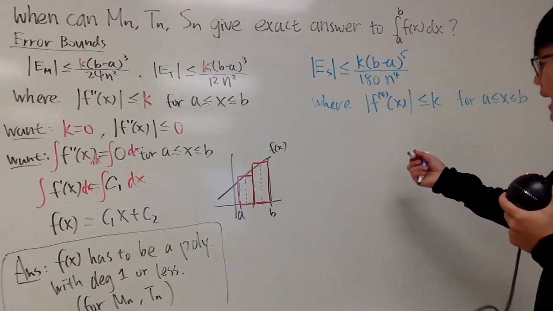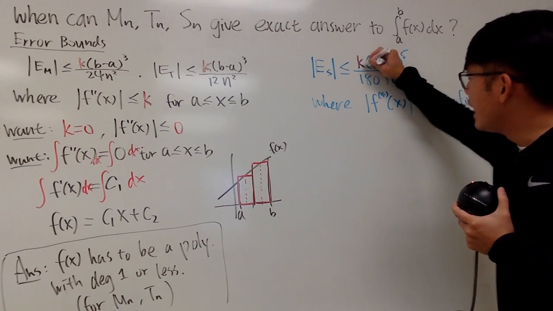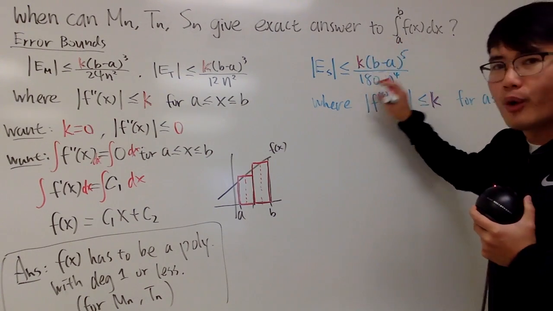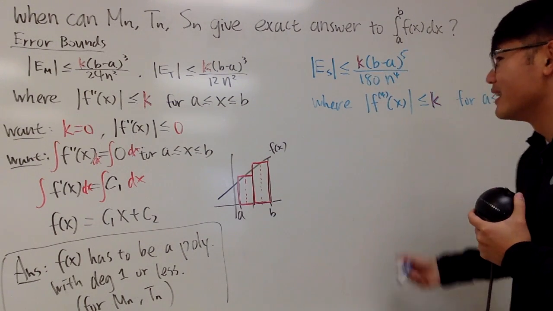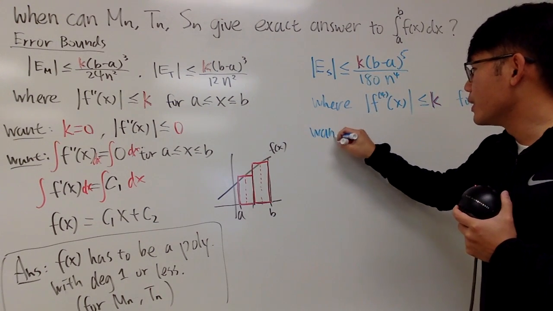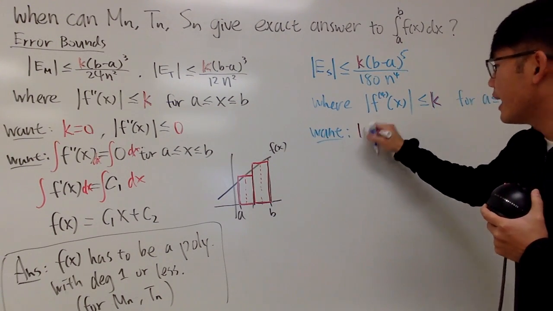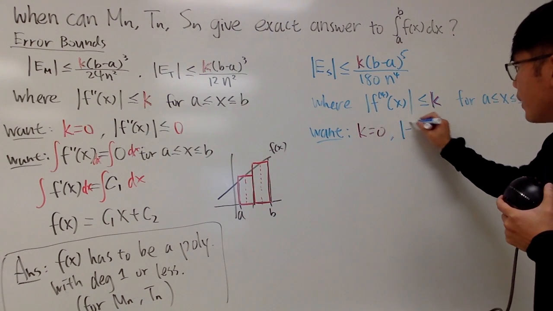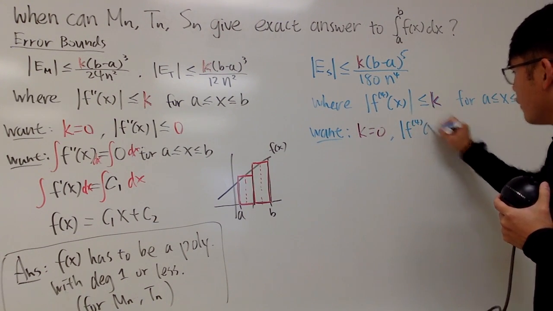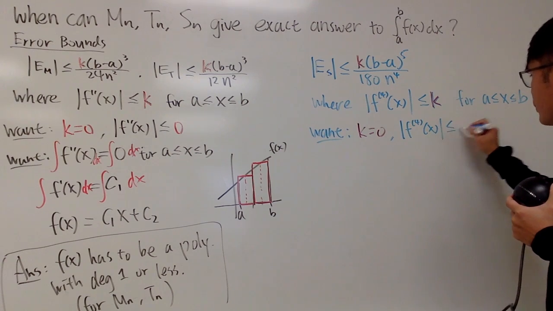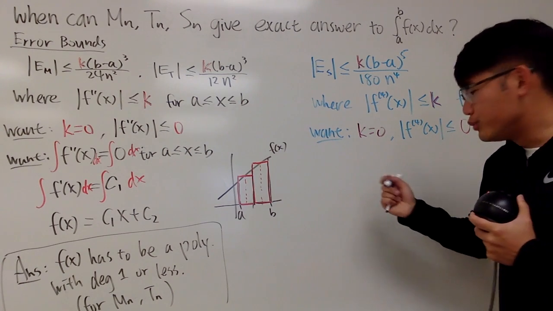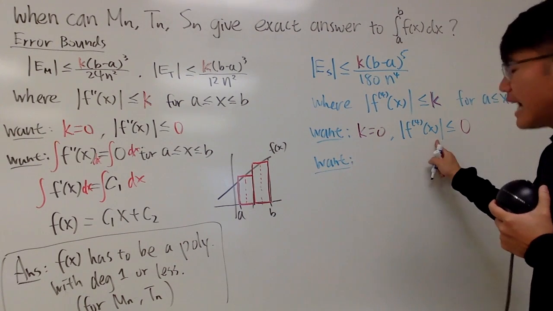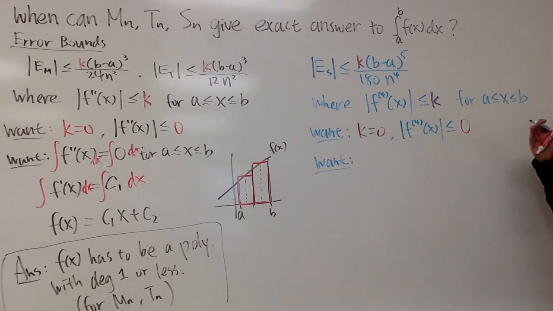Well, in this case, again, you want this K to be 0, so you can have no error, meaning 0 error right here. So in this case, what we want is K to be 0. And again, you are saying the absolute value of the fourth derivative of x has to be less than or equal to 0. So what you really want is the inside to be 0 on this interval.